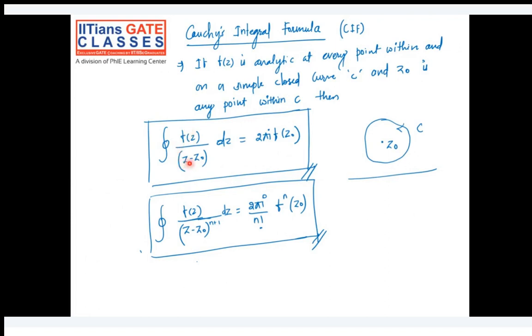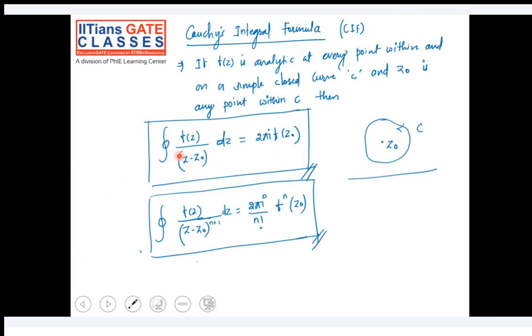So the entire function, let's say g of z, will not be analytical because g of z will become infinite when z is equal to z naught, because the denominator will become 0 and the entire g of z function will become infinite.